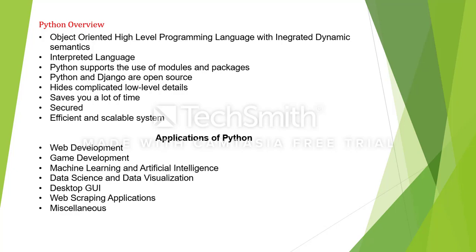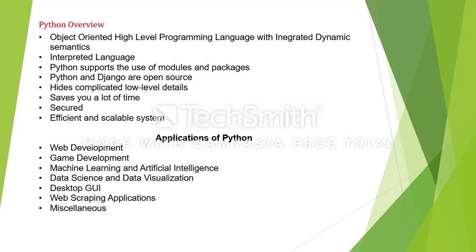So, Python overview: it's an object-oriented, high-level programming language with integrated dynamic semantics, and it's an interpreted language. It supports so many modules and packages. It has so many rich frameworks, as I elaborated in my last video about platform, framework and technology. As you know, any technology needs a framework to execute on, so it has a rich set of supported frameworks where Python can be used to develop an application.